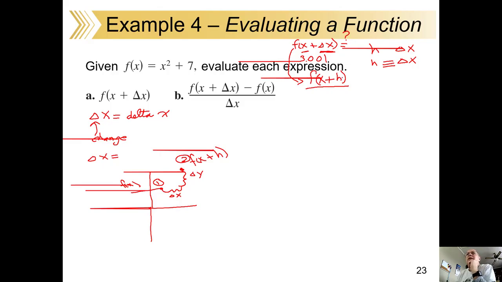So to throw in one last example for part A, if I use real numbers in there, excuse the pun, this would tell us what number was paired with 3.